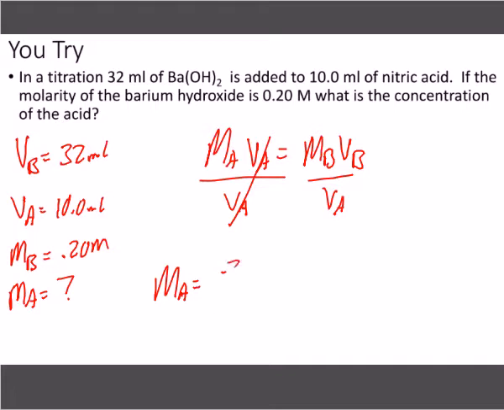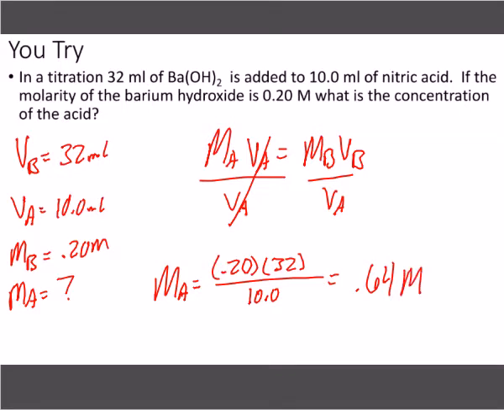All right, molarity, 0.20 multiplied by our volume of the base, 32 milliliters, divided by 10.0. Now, what's the answer to this math? 0.2 times 32? 0.64. Yeah, that's what I got. 0.64, and that is going to be the molarity there.